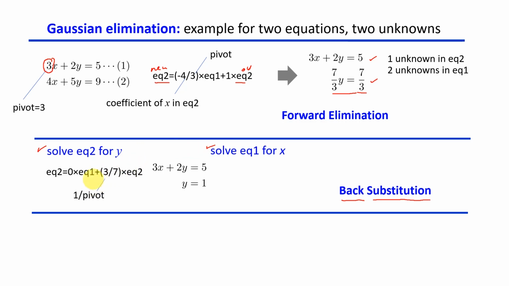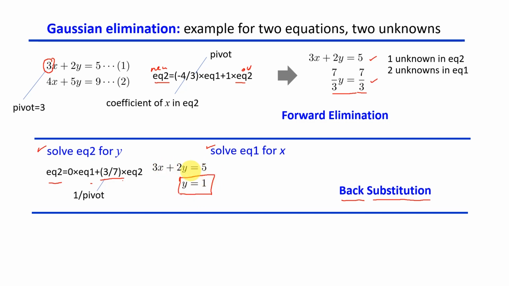So what we do here is that for equation 2, I multiply equation 2 with 3 by 7 and then I add 0 of equation 1. That means I don't do anything with equation 1 really. I take equation 2 and multiply it with 3 by 7. Once I multiply with 3 by 7, my equation 2 comes to y equals 1.